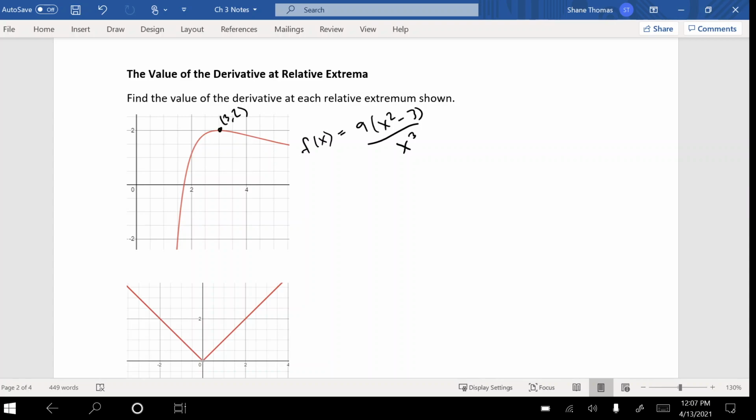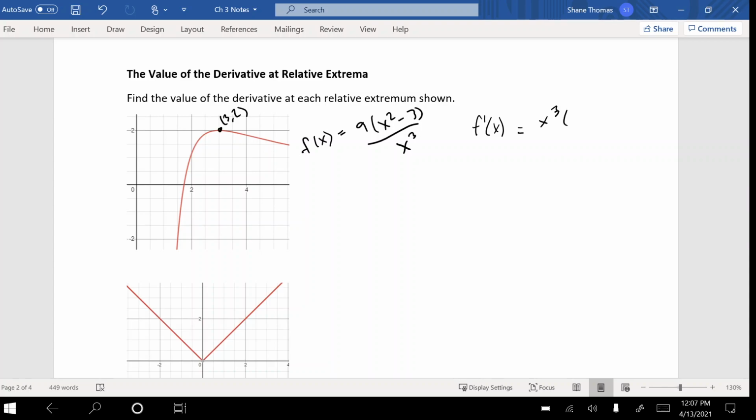All right, so that's the function. 9 times x squared minus 3 over x to the third. So first off, let's find our f prime of x. We want to find the value of the derivative at that point. So f prime of x, it looks like I'm going to have low d high.